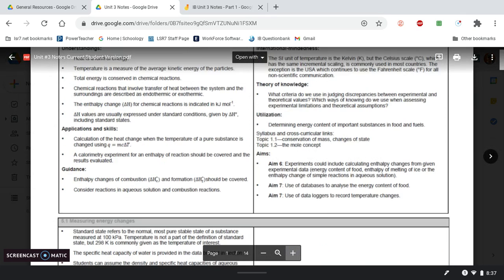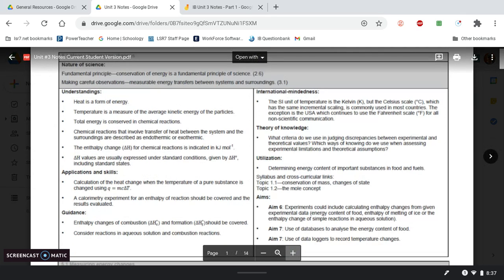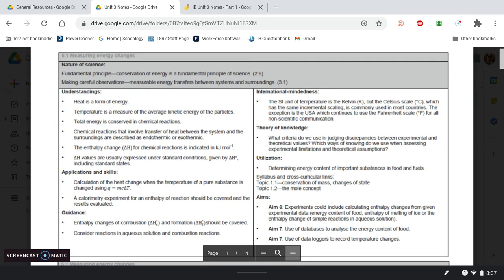If you look at your objectives there, understanding heat is a form of energy, talking about temperature and the movement of particles. And then we start to get down here to delta H. Delta H is a value that we will find.